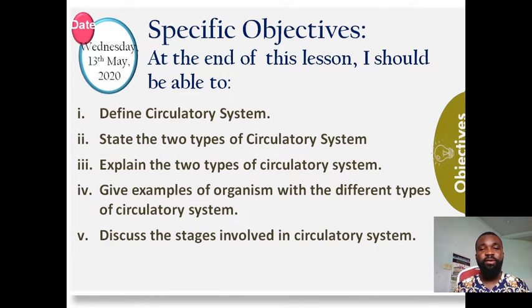What is our specific objective? Or what are our specific objectives? At the end of this lesson, these are the things that you should gain.